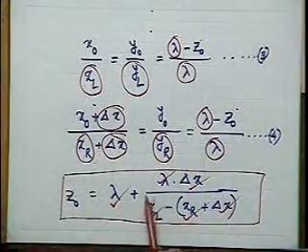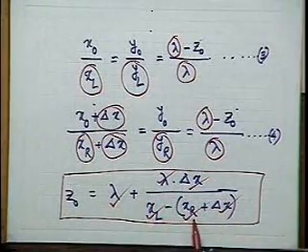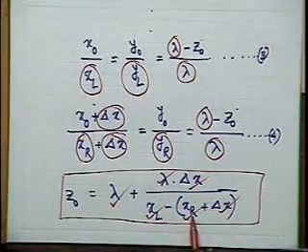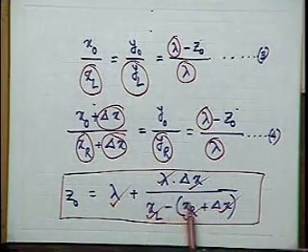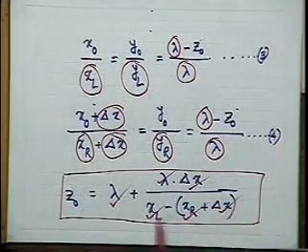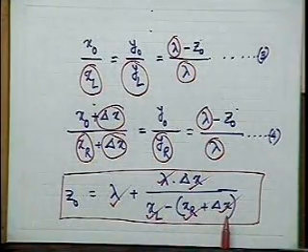Now, what is the physical significance of this equation? Let us examine this term, lambda delta x divided by XL minus within bracket XR plus delta x, that is XL minus XR plus delta x. Can anybody tell me what is the physical significance of this denominator term?